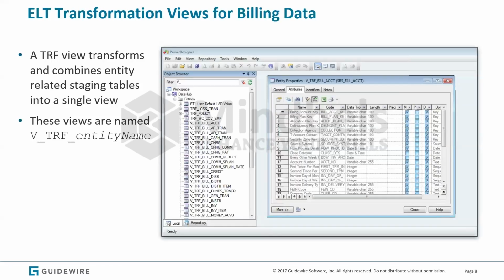So, ETL transformation views. A TRF view transformation combines entity-related staging tables into a single view. We have a few tables for one entity in billing, then we join them and create a view. This is done in the data hub. All the views should start with v underscore trf underscore and then the entity name.